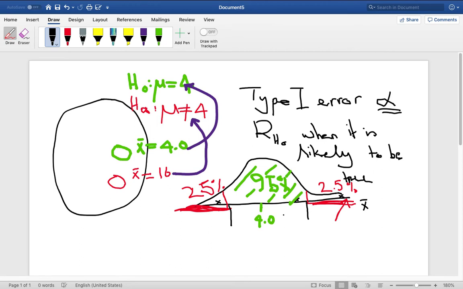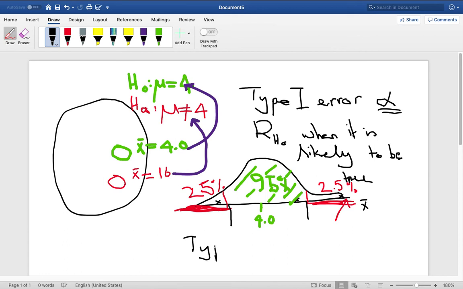But the problem with that is we don't know for sure if our null hypothesis is true or not. If I have no rejection zones and all I have is a green do not reject zone because I wanted to accept only a 0% chance of rejecting the null hypothesis if it was true, the problem is when the null hypothesis is not true, you will end up not rejecting a null hypothesis which is wrong. So that would lead to a type 2 error.